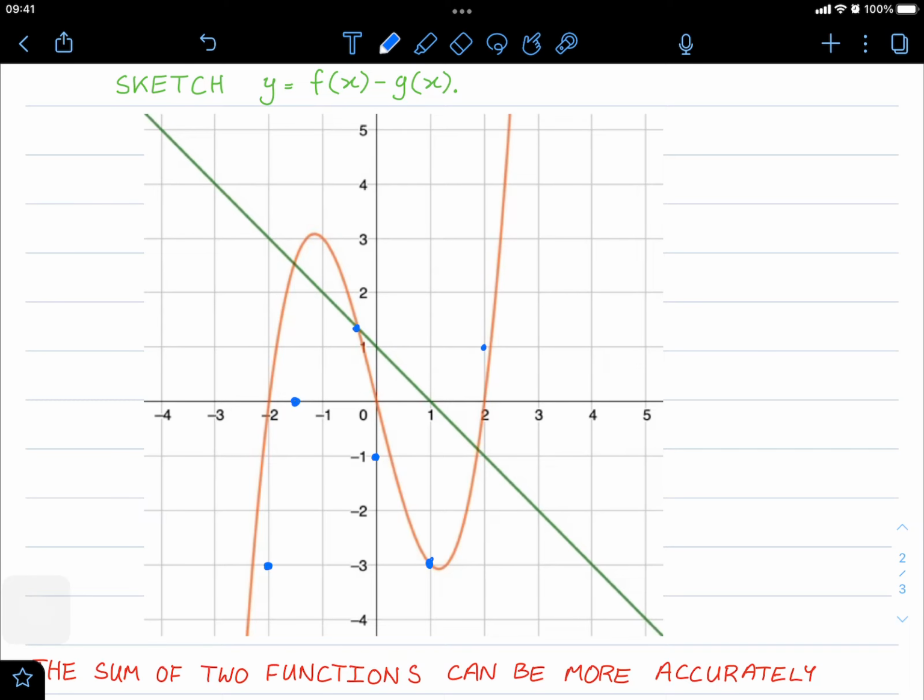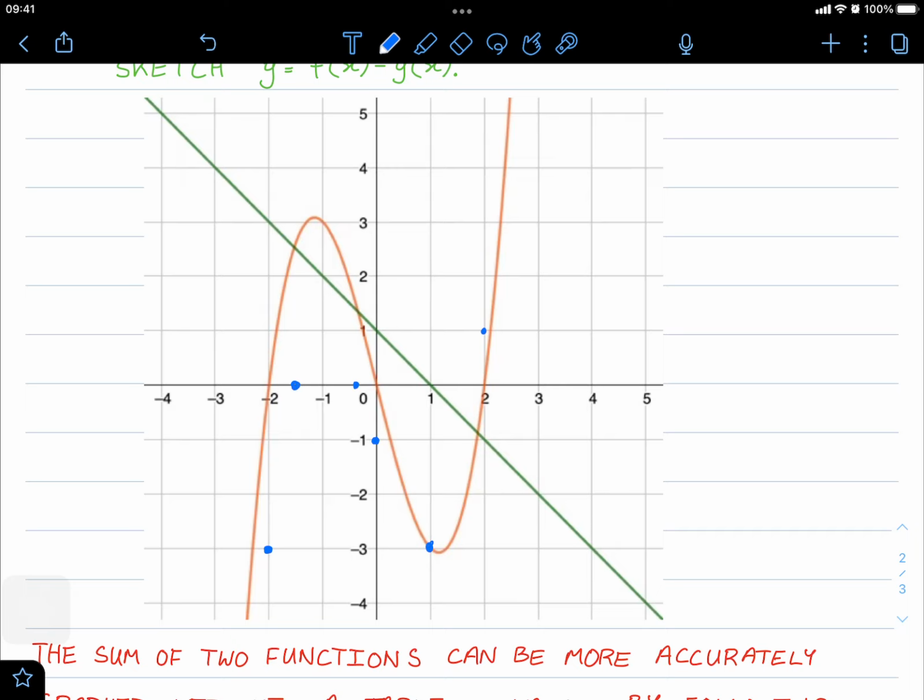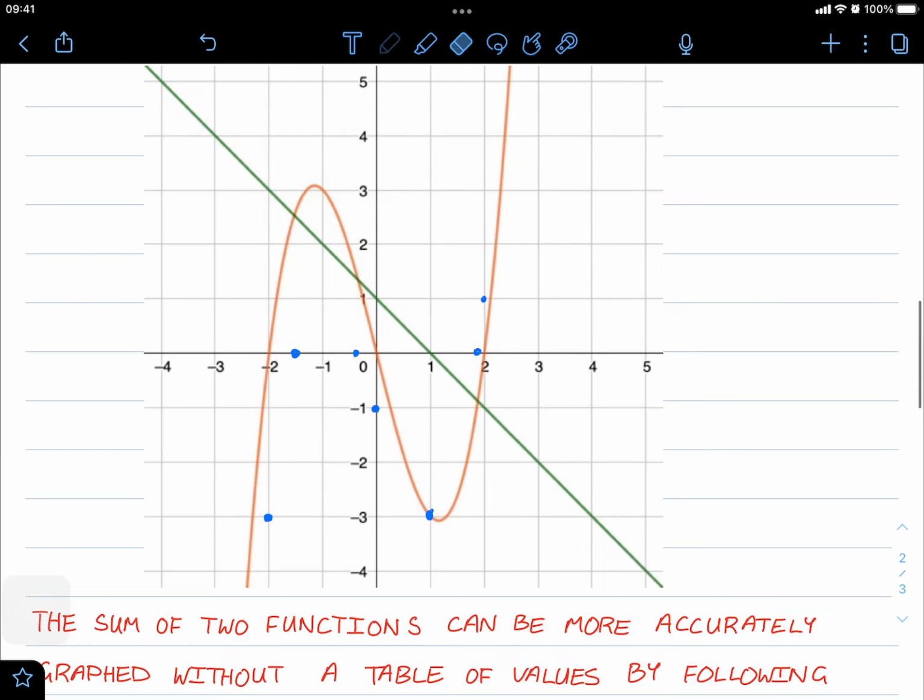Likewise here, points of intersection on the difference become a root, or a point of x-intercept, and one more here, those become an x-intercept. So those are more points we can use.